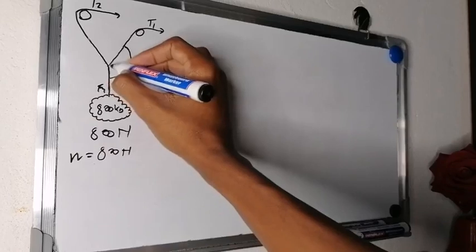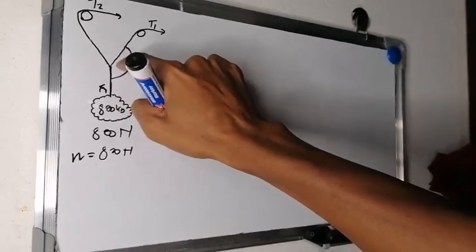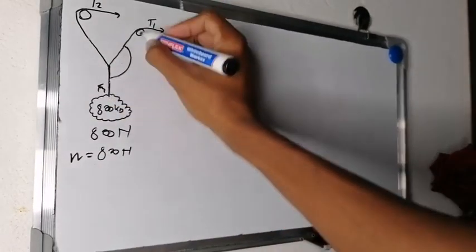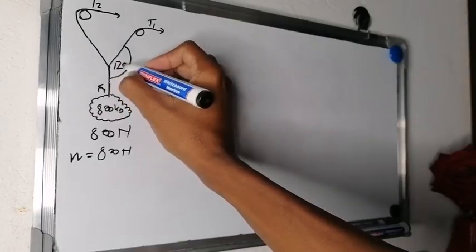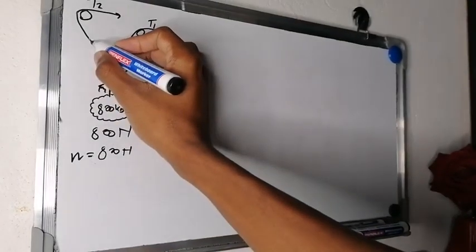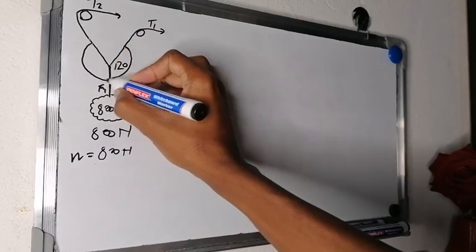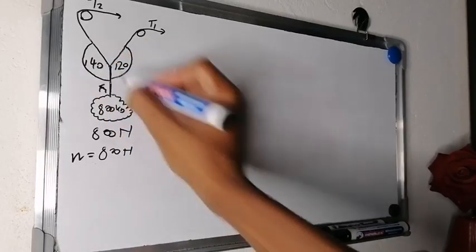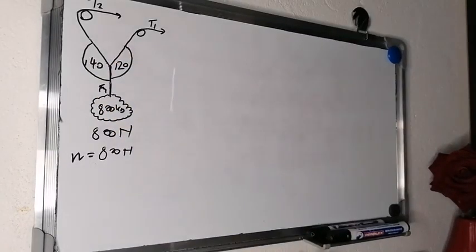The angle caused by this rope and this rope is 120, and the angle caused by tension 2 and this rope is 140. All right, so that is the information that was given.